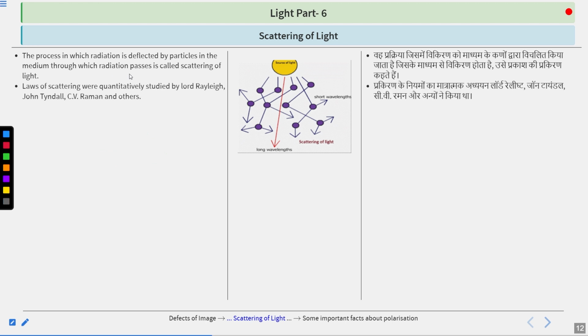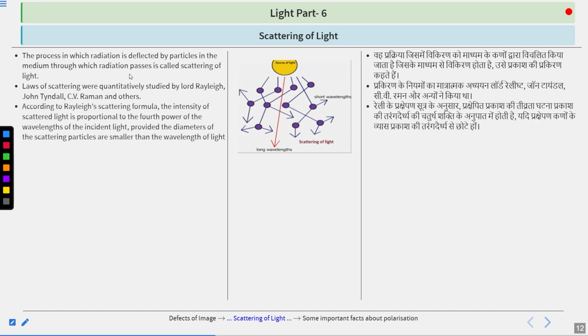Laws of scattering were quantitatively studied by Lord Rayleigh, John Tyndall, C.V. Raman and others. According to Rayleigh's scattering formula, the intensity of scattered light is inversely proportional to the fourth power of the wavelength of the incident light, provided the diameters of the scattering particles are smaller than the wavelength of light.